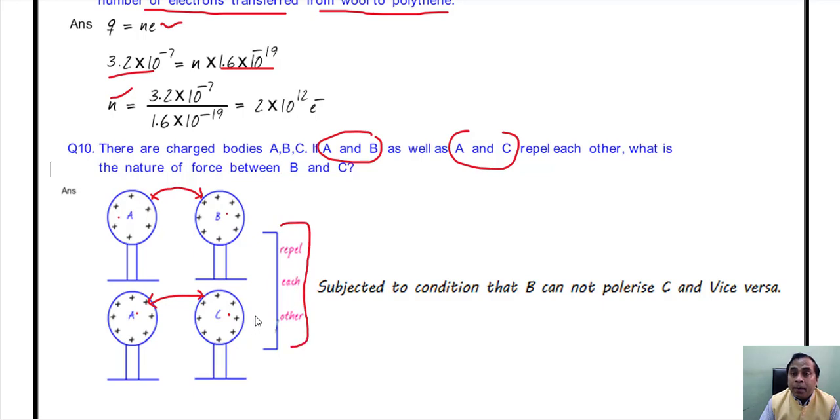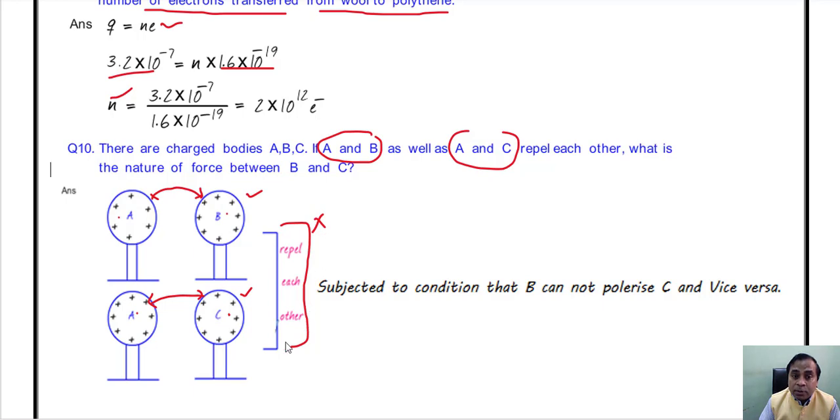Good. But is it always true? No. What is the condition? The condition is, when we bring B near C, the amount of charge that B has should not be in a position to cause any polarization here. If B polarizes C, then B and C will not repel.